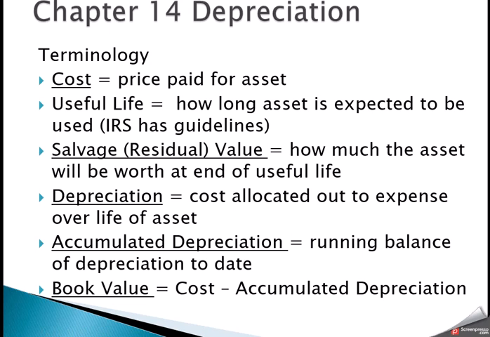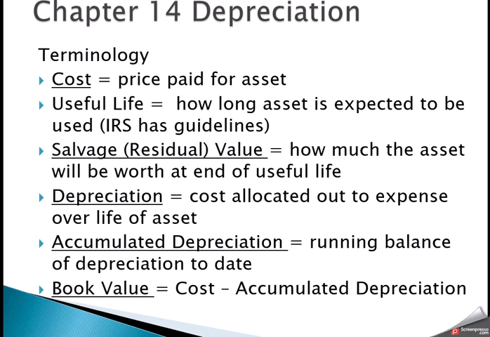So then we want to take and figure out the cost minus the salvage value. We want to write that off to expense over its life. So how do we write it off to expense? We depreciate it. So that is what our expense is going to be, depreciation expense. We take that cost and we allocate it out over its life.